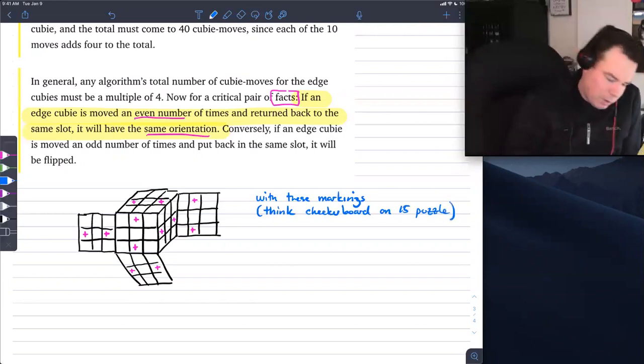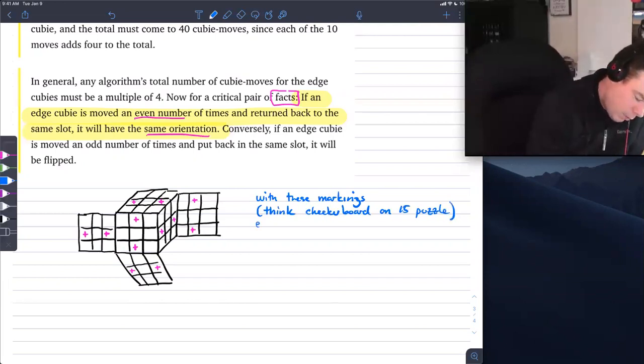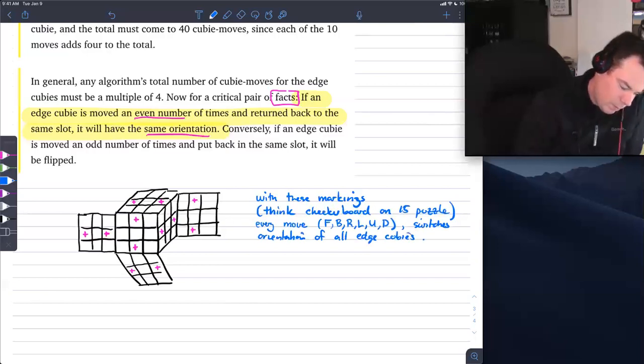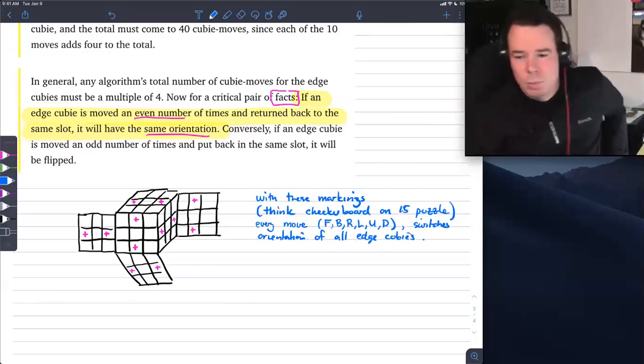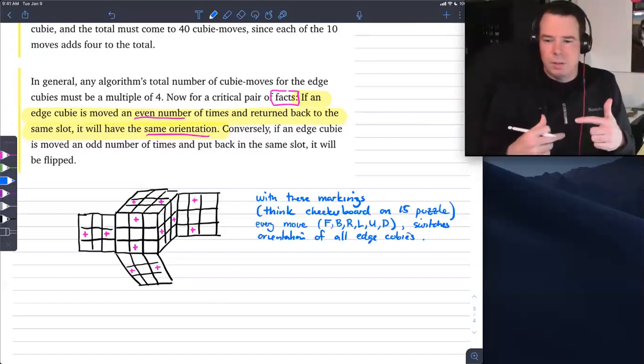So with these markings, every move, the front, back, right, left, up, down, switches the orientation of all edge cubies. And so every time you move, the orientation switches.